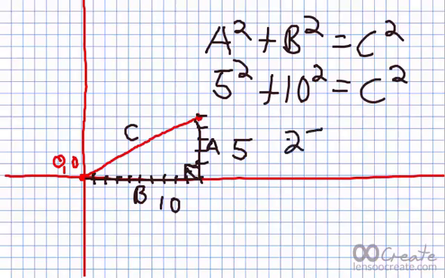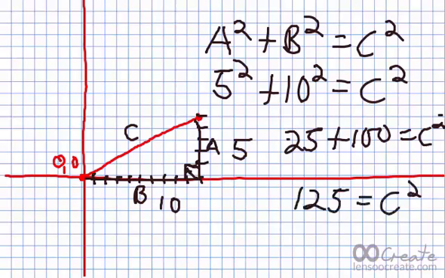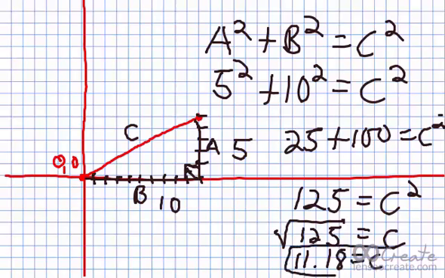We get 25 plus 100 equals c squared. So we know that 125 equals c squared. And if we take the square root of 125, we'll get c. And that's about 11.18. So the distance from here all the way up to there is about 11.18.